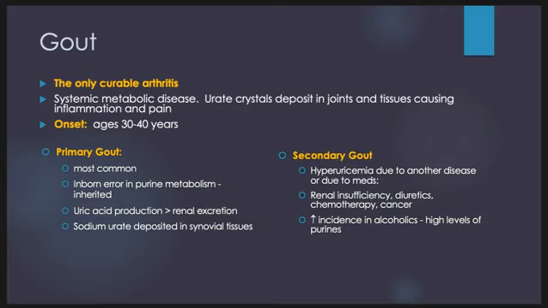And then with secondary gout, there is elevated uric acid levels due to other diseases or medications that are causing the elevated levels. Examples include patients who suffer from renal insufficiency or those who take diuretics.